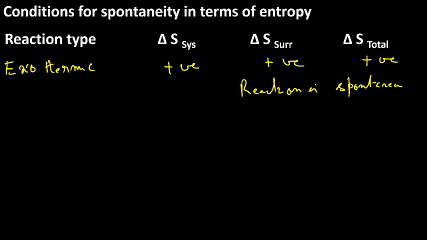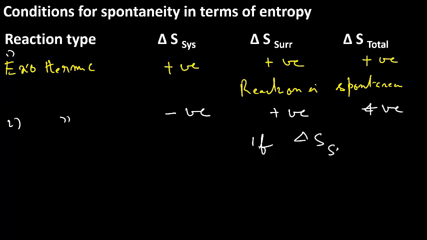Now the same exothermic reaction, this is the first condition, and the second condition: delta S system is negative, delta S surroundings is positive, then delta S total becomes positive if delta S surroundings is greater than delta S system.